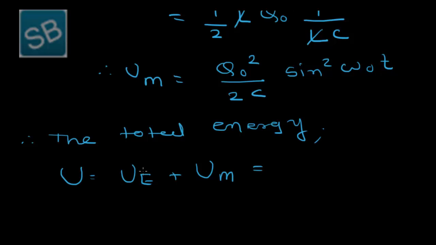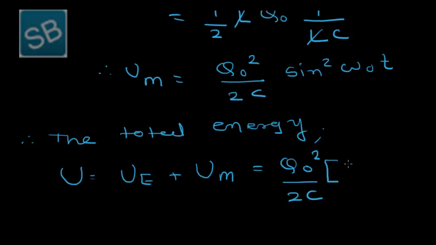Now see, there is a particular meaning why we have used the subscripts E and M. Because when we consider the energy stored in the capacitor, we are considering the electric field. And whenever we start our analysis to find out the energy stored in the inductor, then we are dealing with magnetic field. And for magnetic field, I have used here the subscript M. And now, from the values of UE and UM, this value Q0 square upon 2C is coming common.